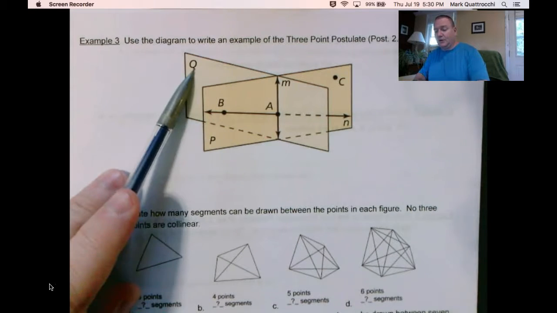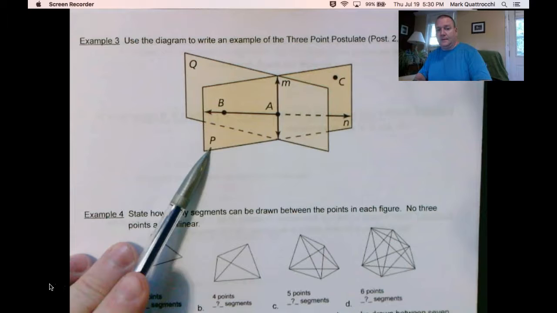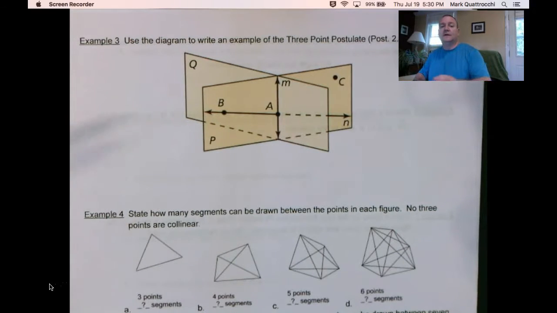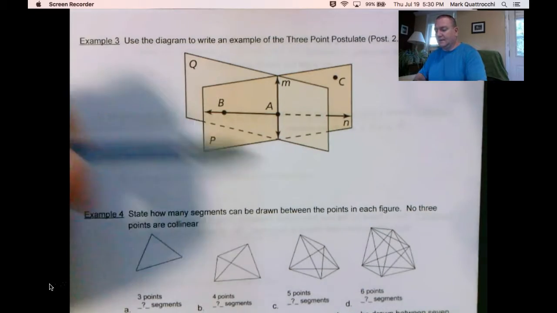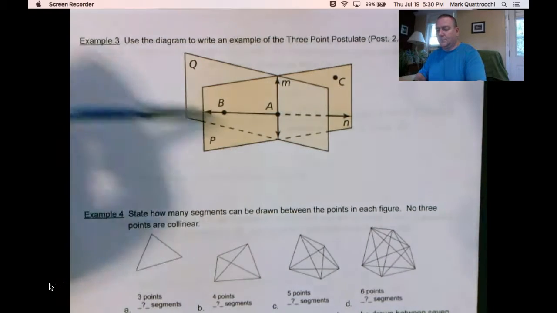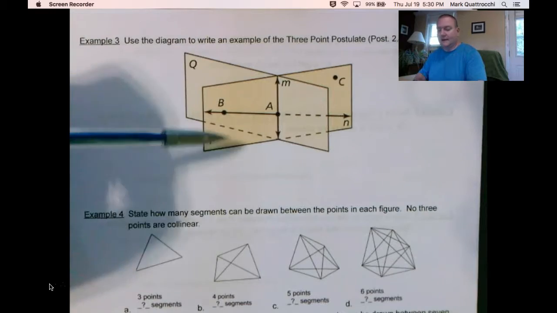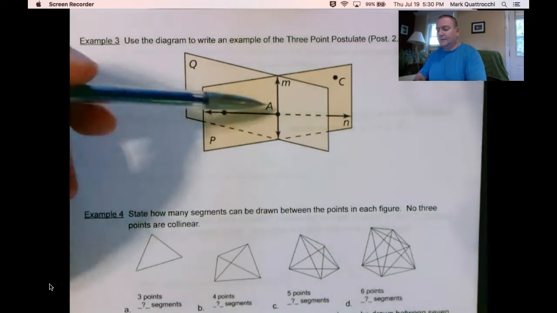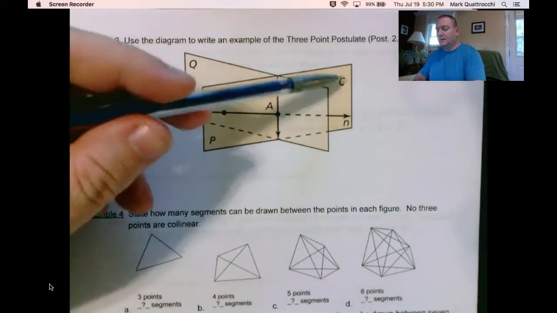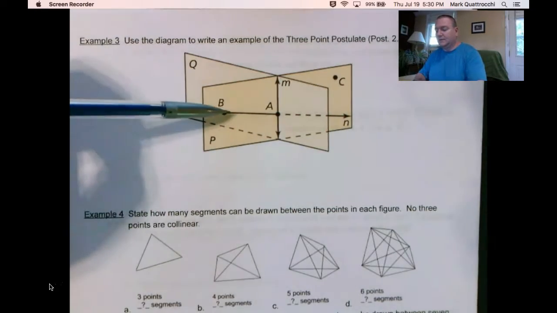We have plane Q and plane P. Plane Q doesn't have any points drawn in it. Plane P has points A, B, and C.